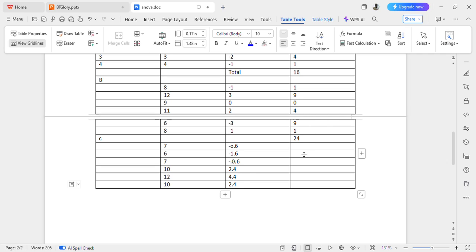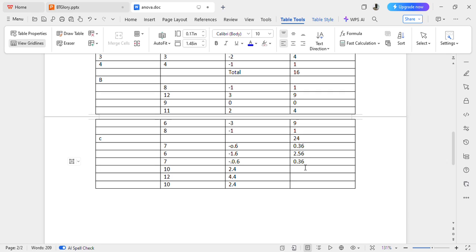Alright, we get the square of this. This will be 0.16. The square of 1.6 is 2.56. The square of 0.6 is 0.36.